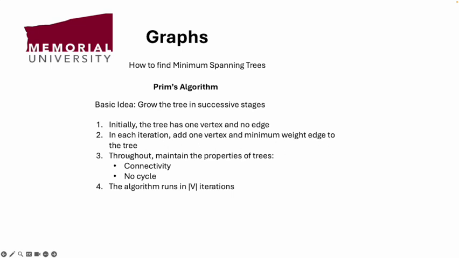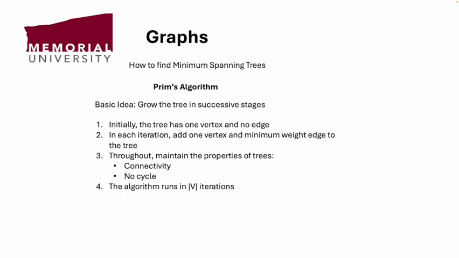Through this iteration, we must maintain the property of the spanning tree: first, it must be connected; second, it must be non-circular. And then we run the number of vertices iterations and jump out of the loop.